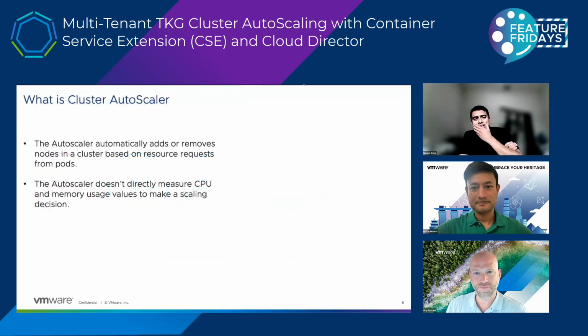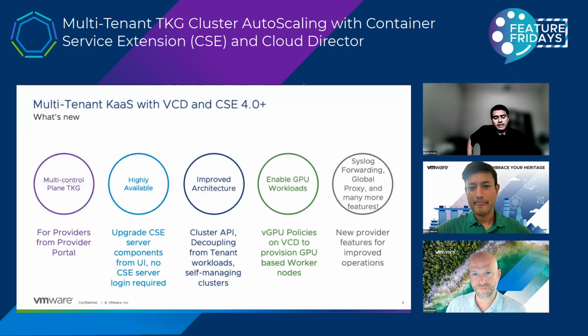Just one thing I would like to add to the previous slide, Rohan, if you don't mind. Like you mentioned, we broke away from our CSC 3.x architecture, and we came out with a completely new architecture that's really targeted for our service provider community.